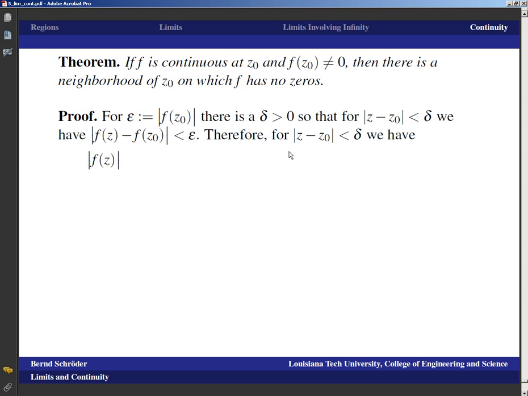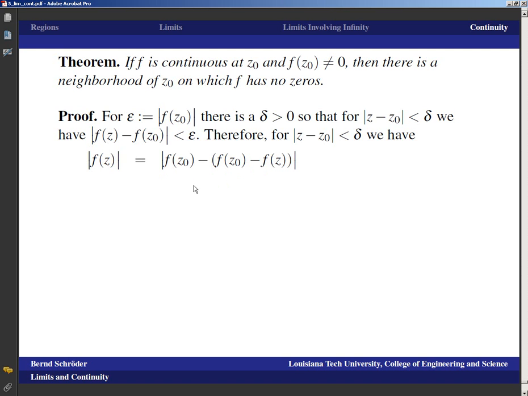So therefore, for absolute value of z minus z0 smaller than delta, we have the absolute value of f of z is the absolute value of f of z0 minus, in parentheses, f of z0 minus f of z. Well, is that really true? Yes, it is. f of z0 minus f of z0 is 0, and minus minus is plus, which even wouldn't have mattered because we have an absolute value here.